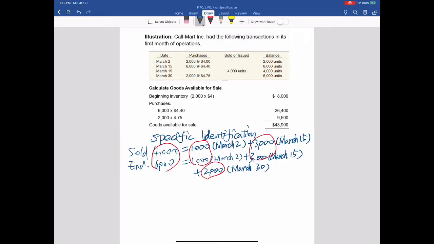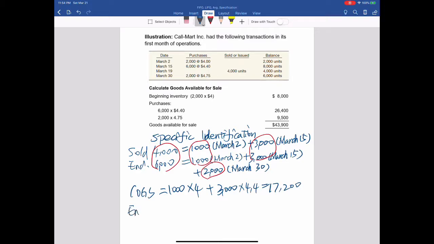So we can calculate cost of goods sold, which is 1,000 multiplied by the price on March 2nd, $4, plus 3,000 multiplied by the price on March 15th. The value is 17,200.